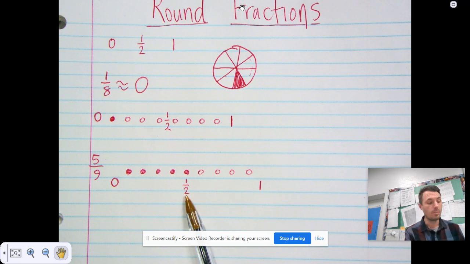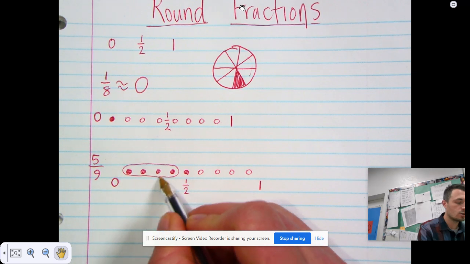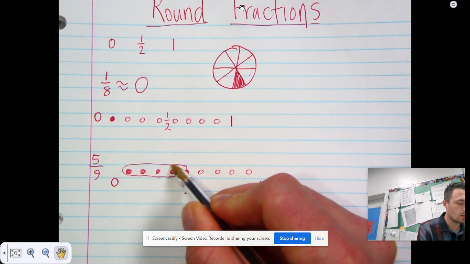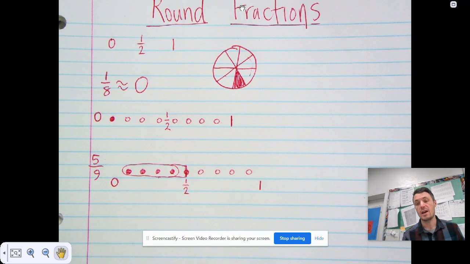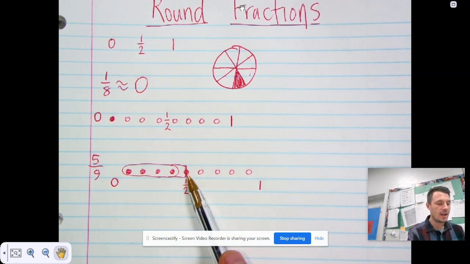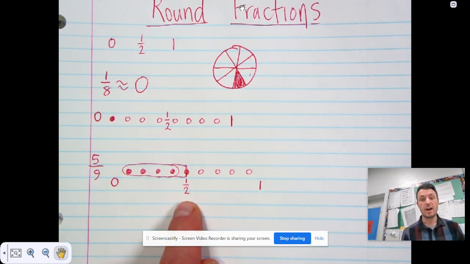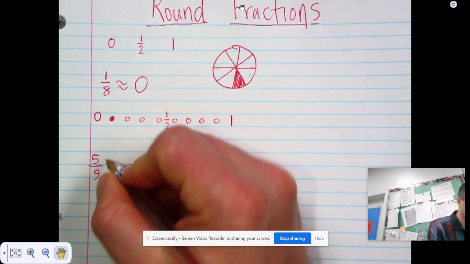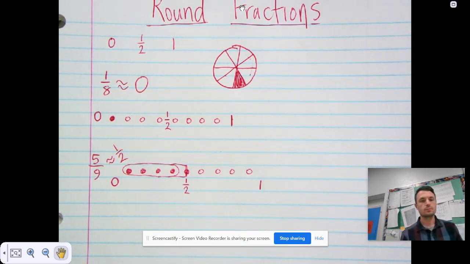Even though it's technically above 1/2, because half of the marbles would be this much, 4, and then half of the center marble, that would be exactly half of the marbles, 4.5 marbles. It's half a marble more than half, but it's still much closer to half than it is to either of the other options. So we'd say 5/9 is closer to 1/2.